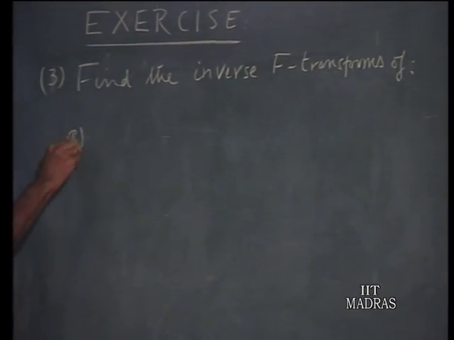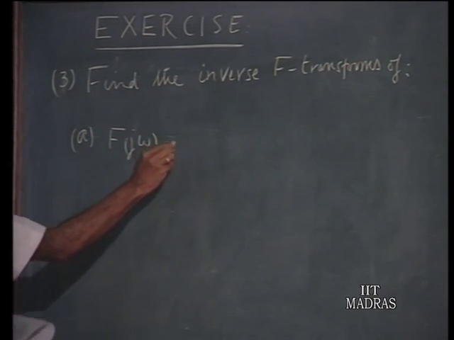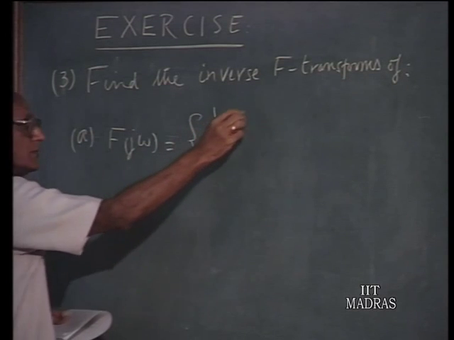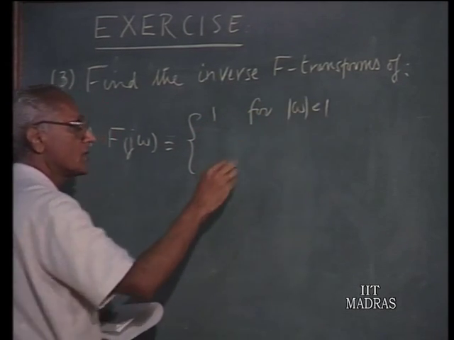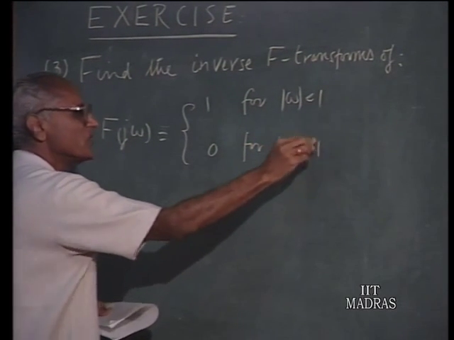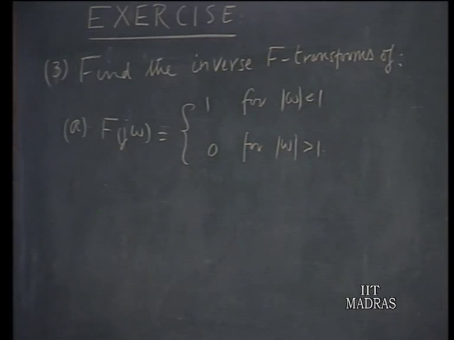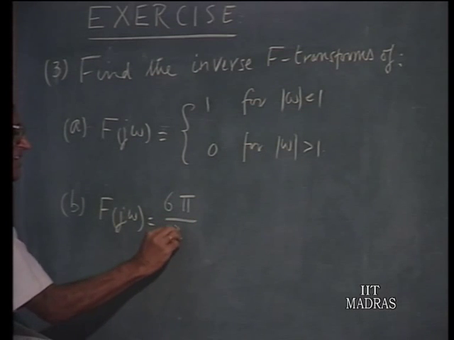A, F of j omega equals 1 for omega magnitude less than 1, 0 for omega magnitude greater than 1. B, F of j omega equals 6 pi upon j omega.